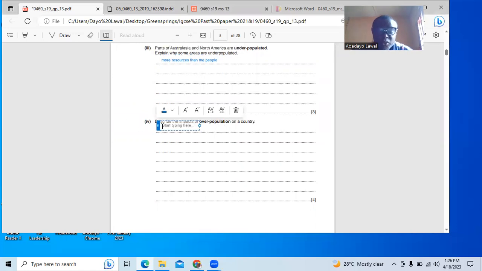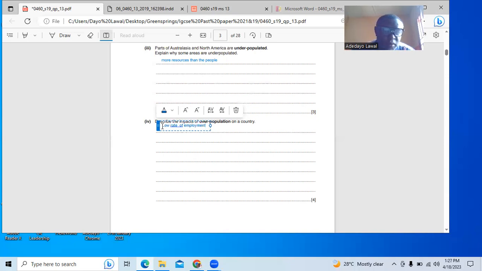So for me, I will start by saying in an overpopulated society, there could be a low rate of employment, not unemployment. That is a negative.